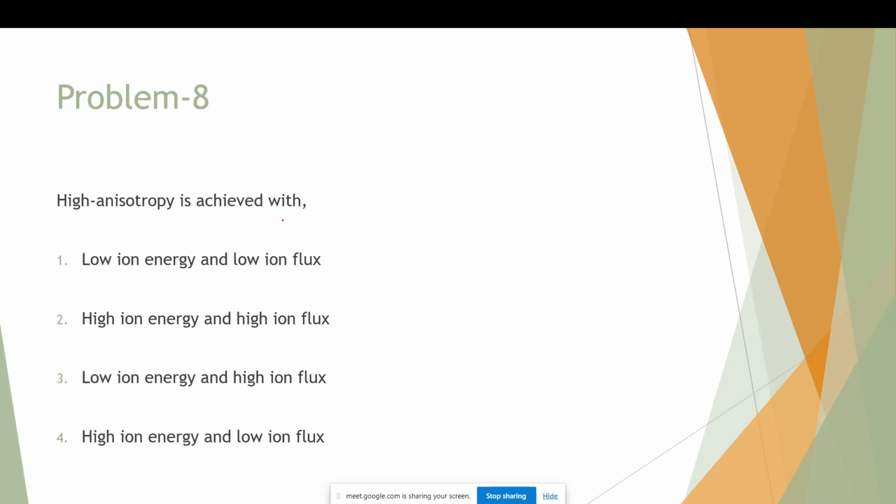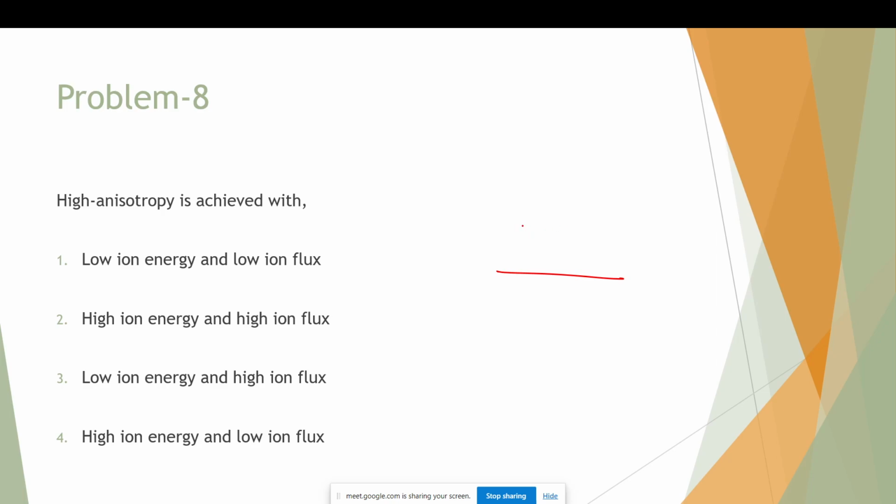High anisotropy is achieved with low ion energy and low ion flux. High ion energy and high ion flux. Low ion energy and high ion flux. High ion energy and low ion flux. Okay, so to achieve anisotropy, in dry etching there are two different things reacting with the surface.